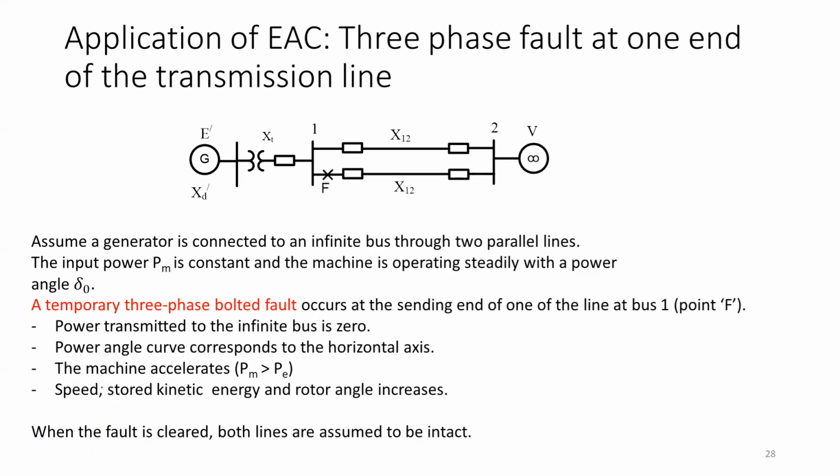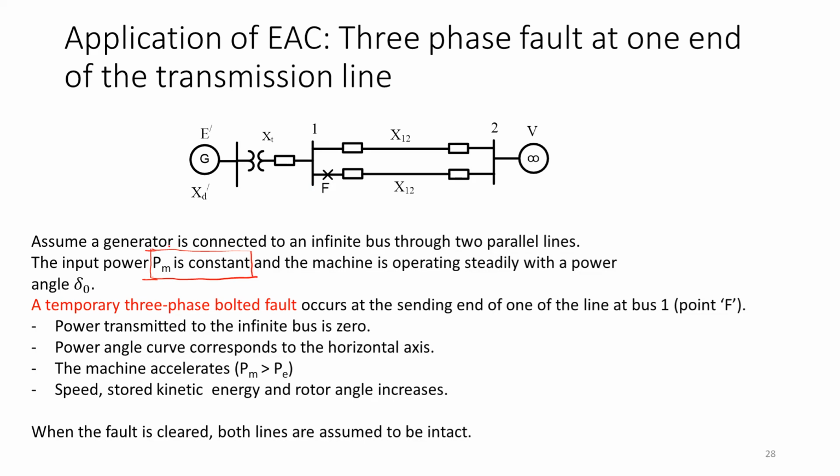All right. So now we'll see what happens if there is a fault at a specific end of our transmission line. In this case, again, we'll have some assumptions. So what is the first assumption? In the input side, we will assume that there is no change. Previously, our assumption was that our PM, the mechanical input power, was increased as a step increase.